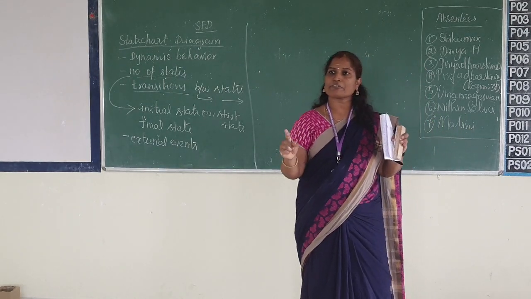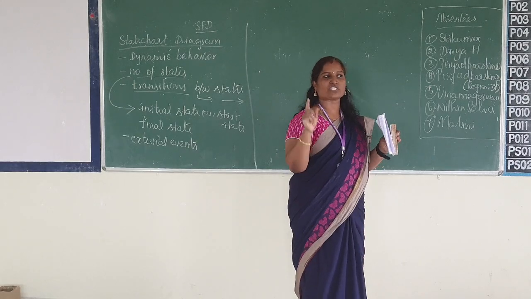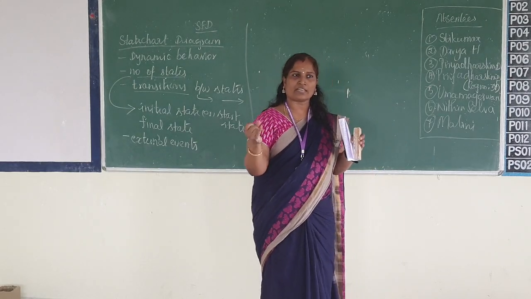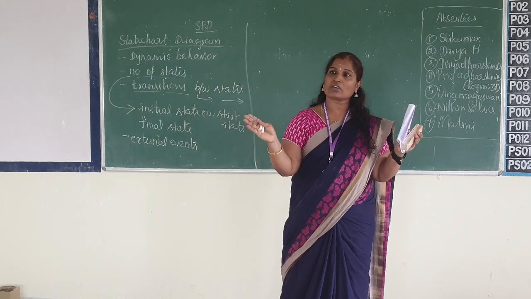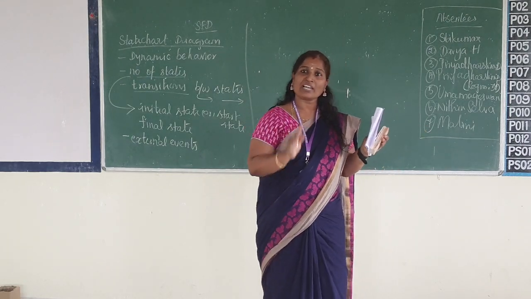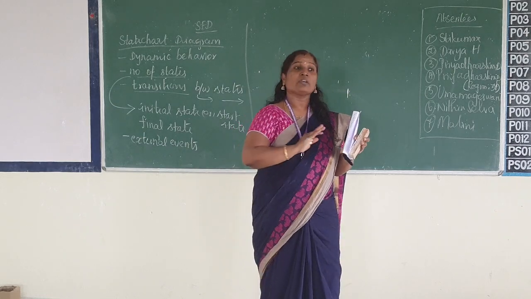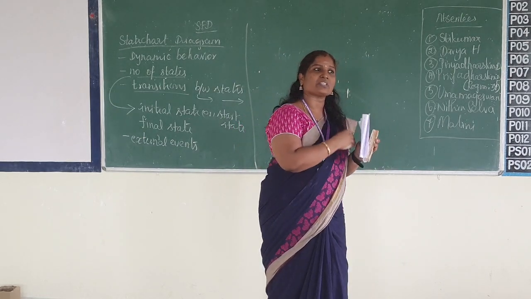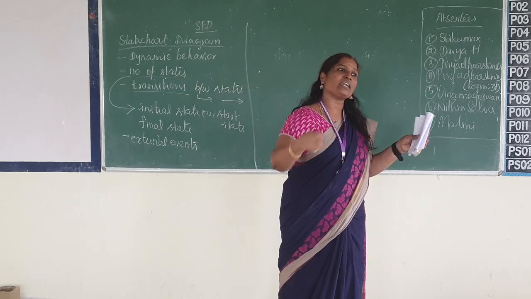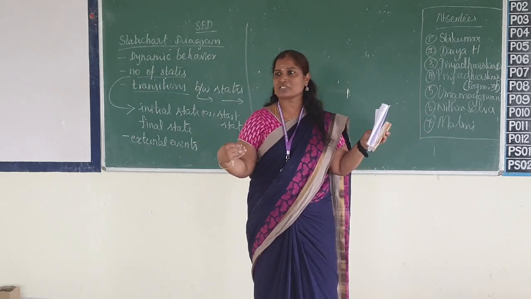You need to identify the important objects for which you are going to represent the state diagram, because the state chart diagram is to represent the dynamic behavior of the system. Not only dynamic behavior, the entire lifetime of the system will be represented. That is, from the starting of the system to the end of the system we will be representing.